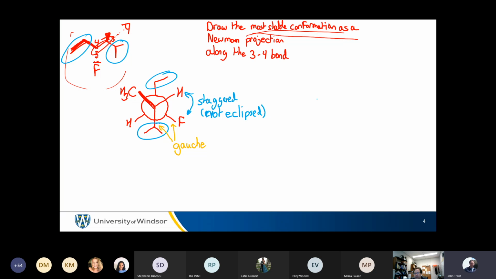They prefer to be further. But everything prefers to be staggered than eclipsed, and then things prefer to be anti than gauche. And those are your options.